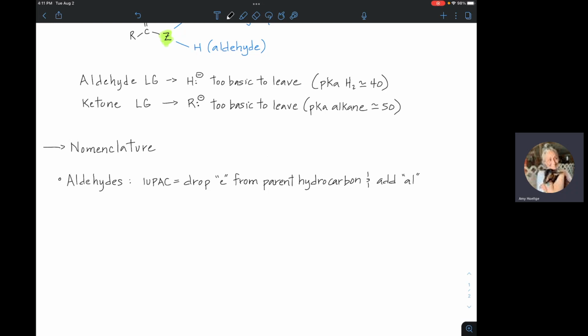With common nomenclature, if you have less than or equal to 6 carbons, just like with carboxylic acids, we're going to use the carboxylic acid nomenclature.